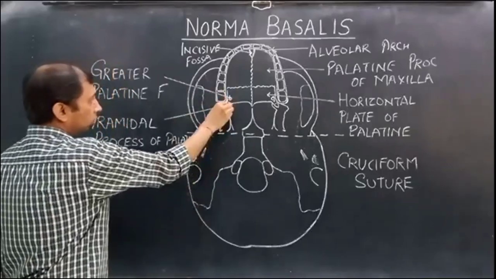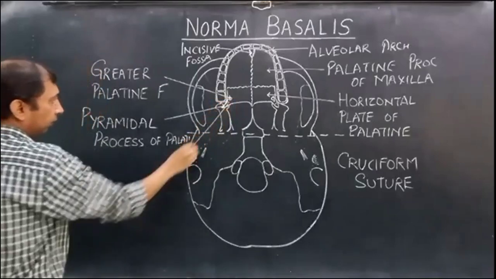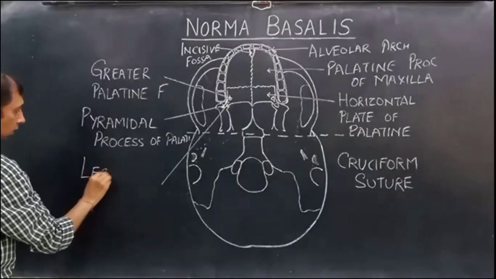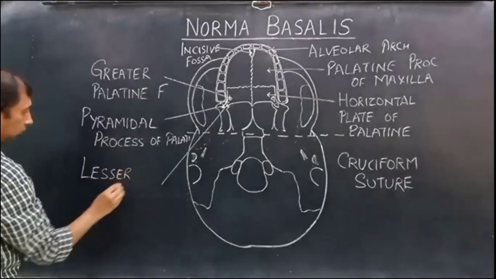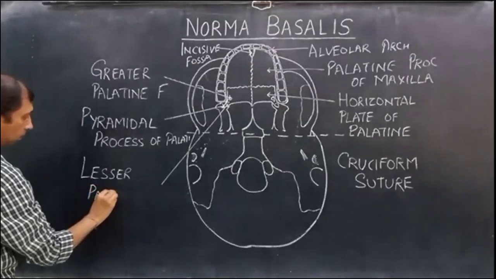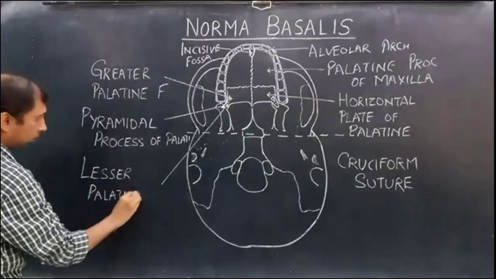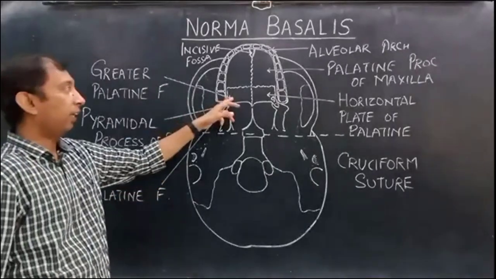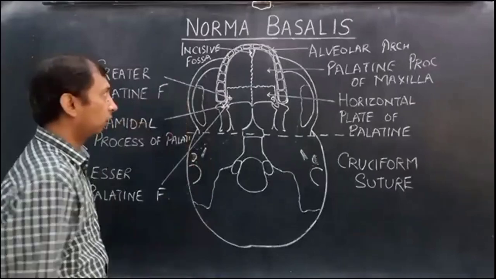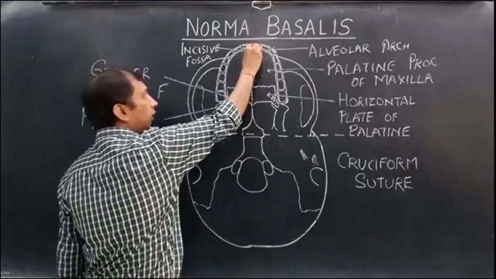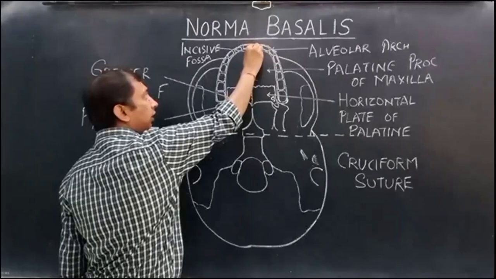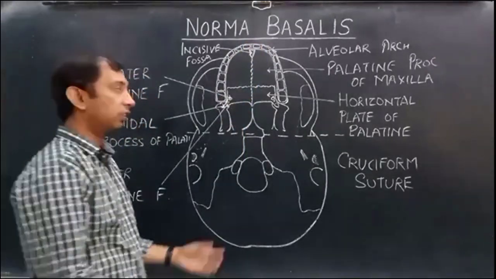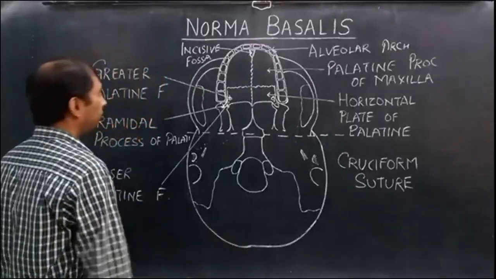So let us name these. These are the lesser palatine foramen. So we have seen the greater palatine and the lesser palatine foramen. Also, there are a couple of foramen in the incisive fossa, and obviously, what will be the name of these foramen?